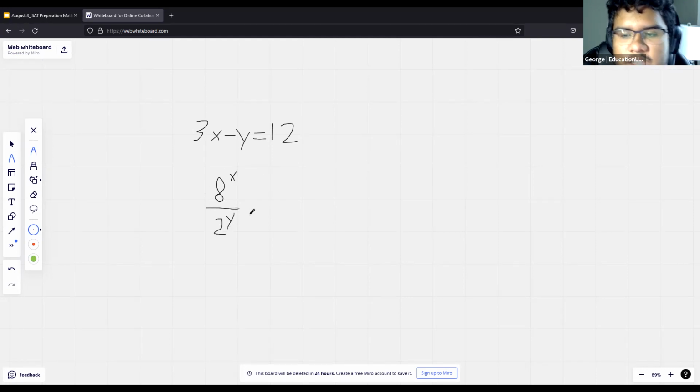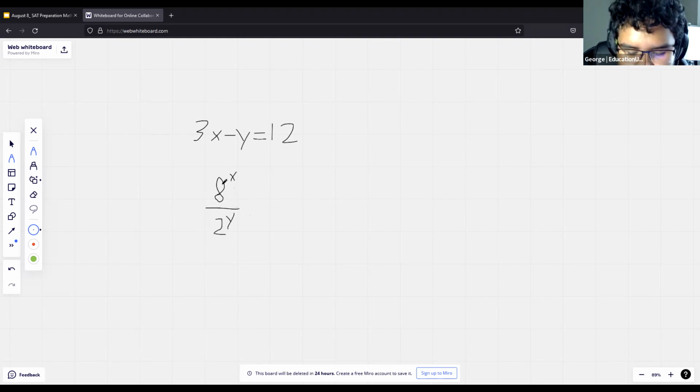Now, at first glance, it may seem like you can't really simplify this, but one way to think about solving exponential equations like this is to think about numbers in terms of one common base.